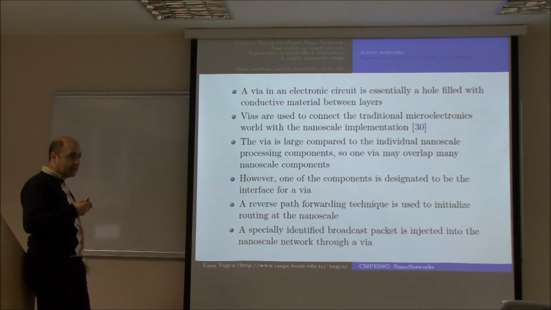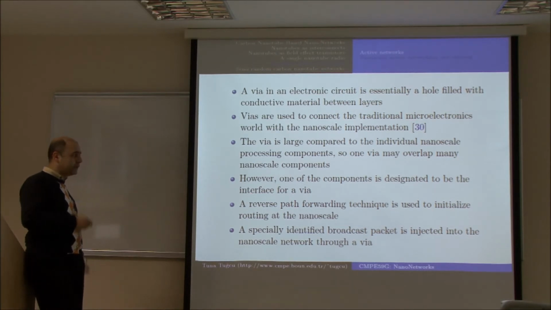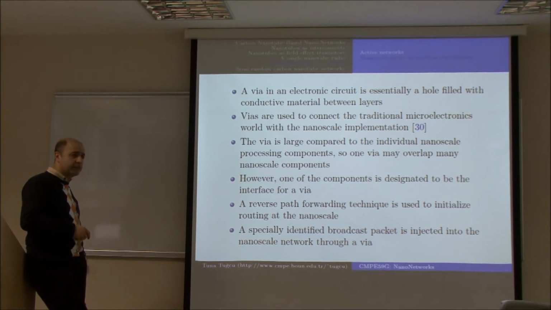Now, the information, let's say, is coming through the via. This interface nano node receives it, and now it has to propagate this signal, this information, to the others. So there you can make use of a reverse path forwarding technique to initialize the routing at the nanoscale first, to set up the routes, and then send the information over those routes.